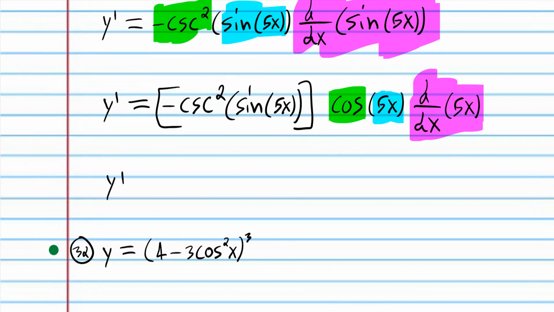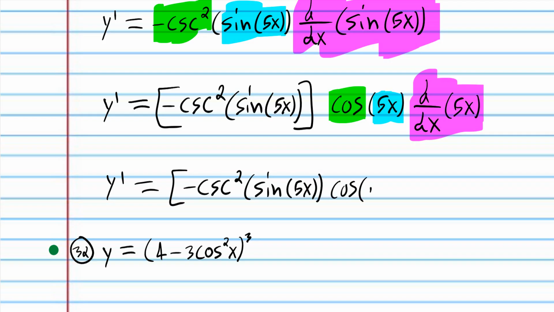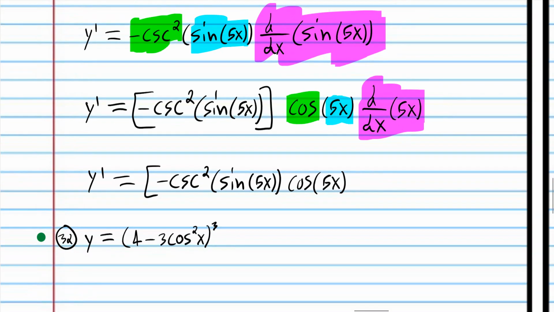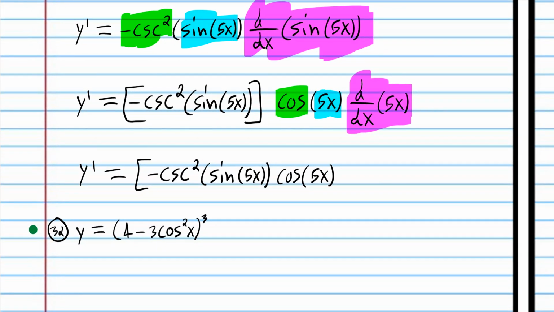So let's simplify if we can. I'm going to go really slow here, and we're just going to take it step by step. The derivative of 5x is just 5.